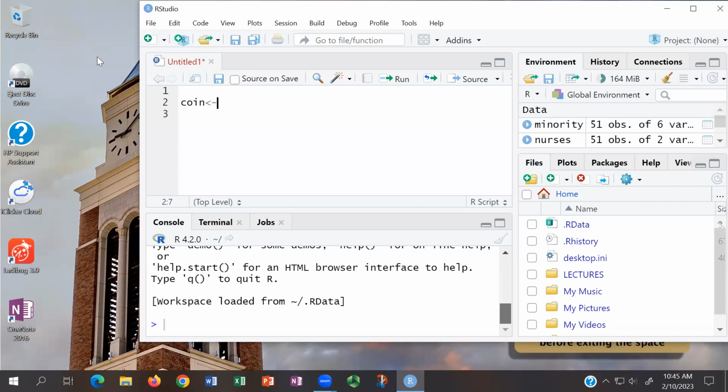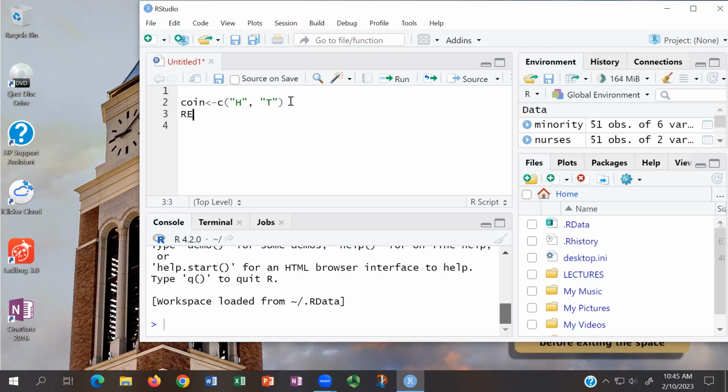So coin, the variable coin is going to be a vector. How many outcomes when I flip the coin? 2, either head or tail, right? So head or tail. Let me use capital H and capital T, because H and T are letters, not numbers. They're called strings. You're supposed to put quotation marks around them. If a vector is numbers, you don't need quotation marks.